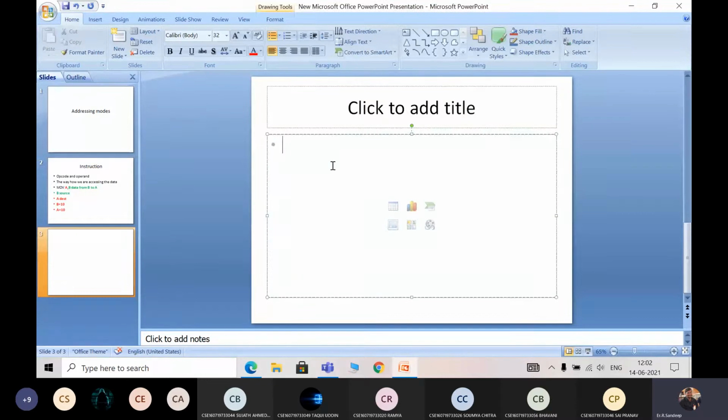For example, if you want to move immediate data, I take move A comma 1234. What is the meaning of this? Move A comma 1234: here 1234 is data and A is the register.